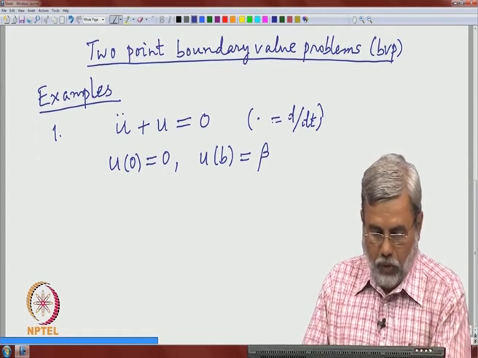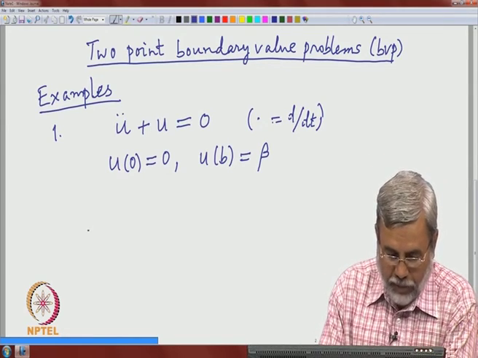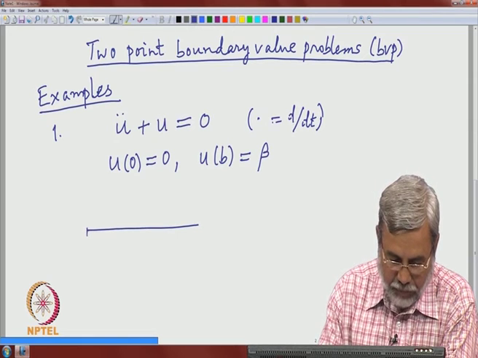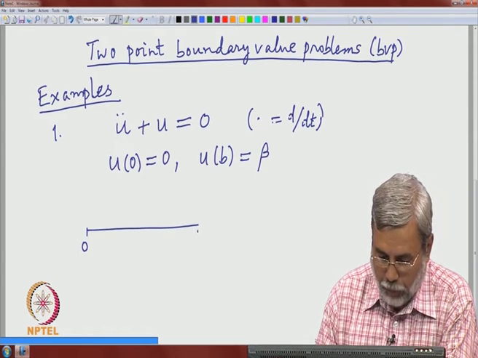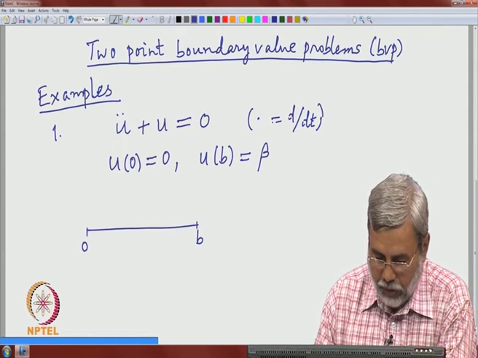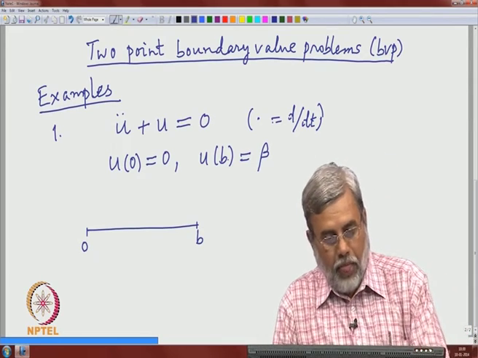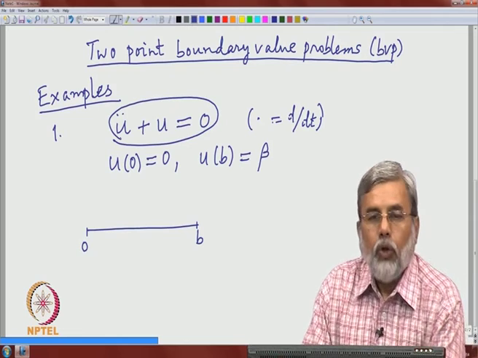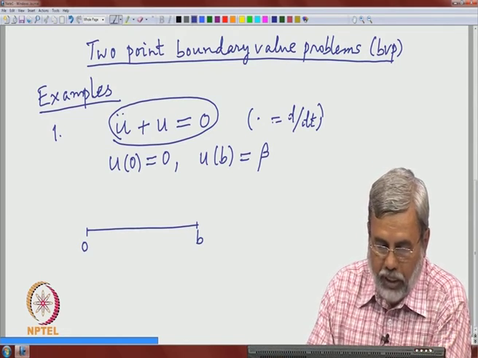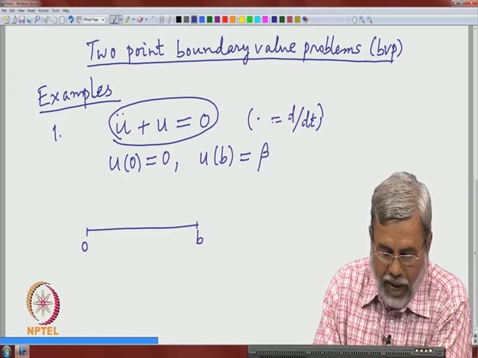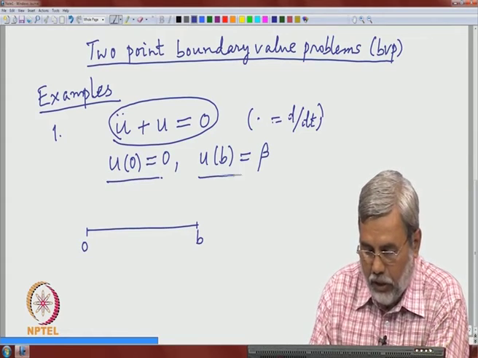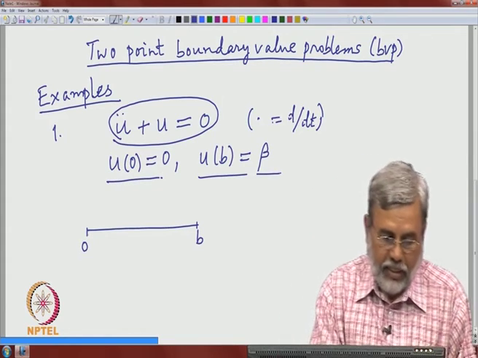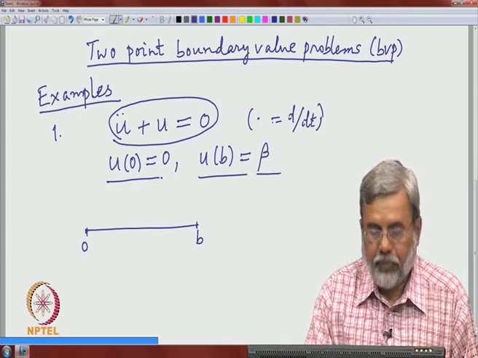So, we have to find a solution to the differential equation in this interval 0 to b, which satisfies the differential equation u double dot plus u equal to 0, and in addition to that it also satisfies these two boundary conditions at 0 and b.